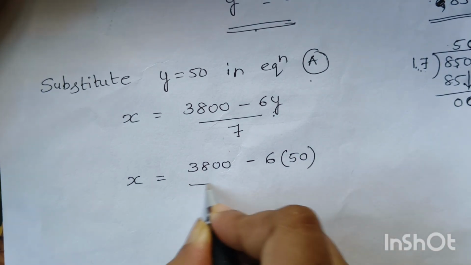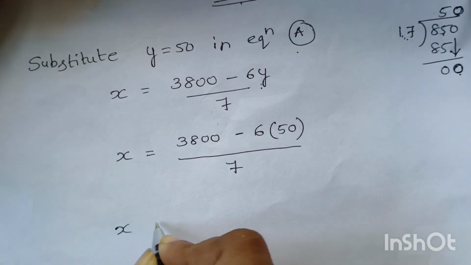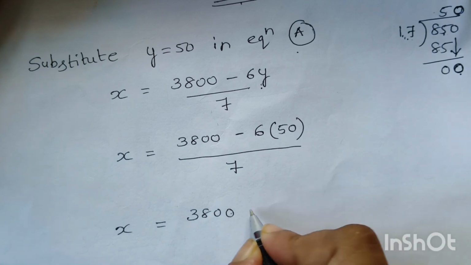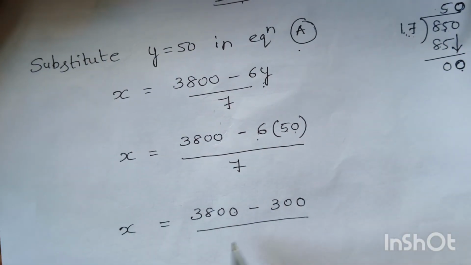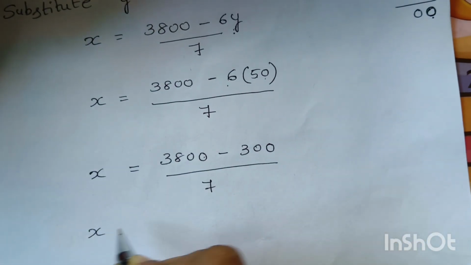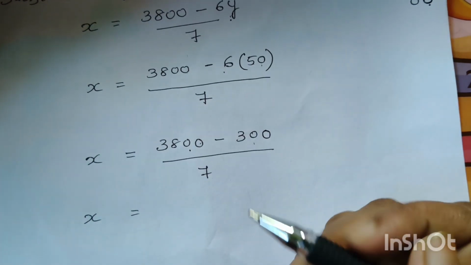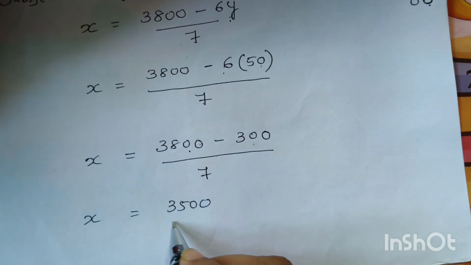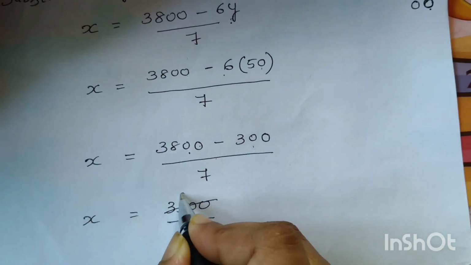Therefore, 6 into 50 divided by 7. 6 5s are 30, that is 300. x is equal to 3800 minus 300 is how much? 3500. 3500 divided by 7. 7 1s are 7, 7 5s are 35.